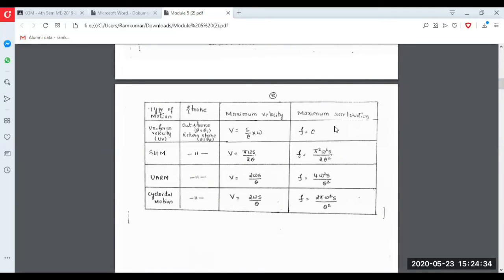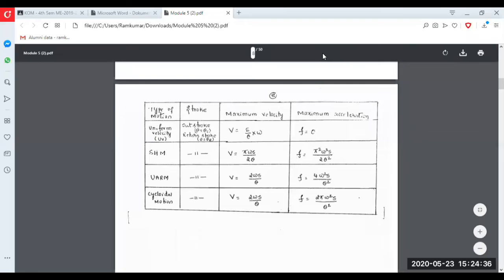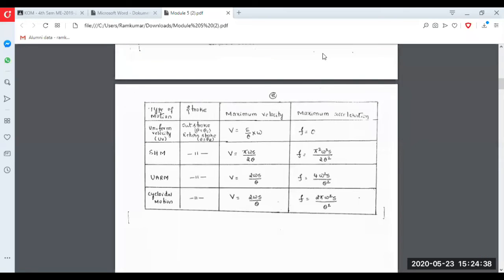So any doubts here? Any doubts you can ask. I'll just unmute. Okay. So anybody having any doubt, you can raise your hand. Can discuss. This is a theory part, whatever I have discussed today. Introduction to CAM. Any doubts?